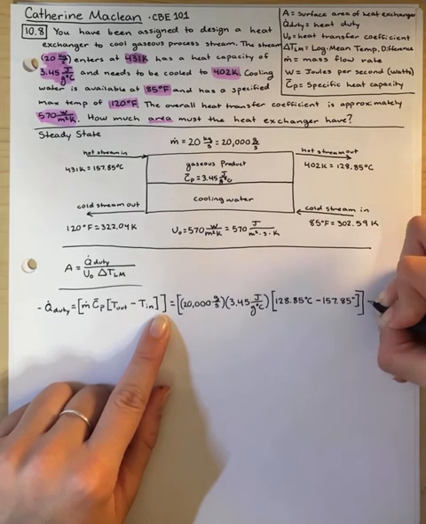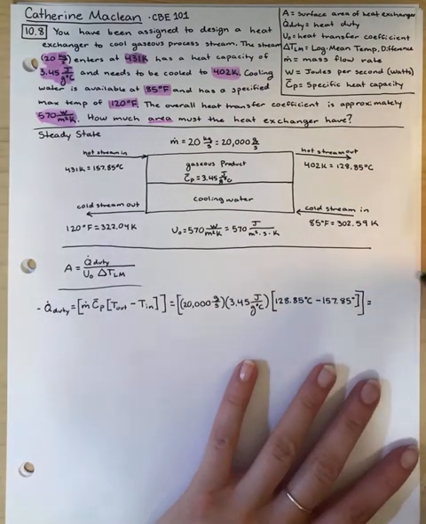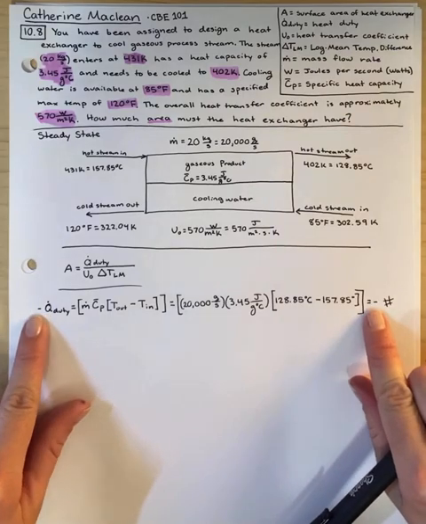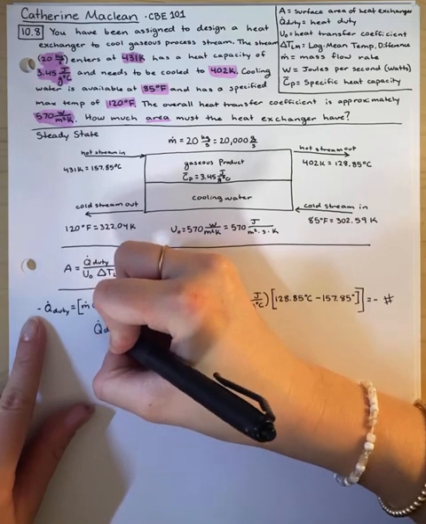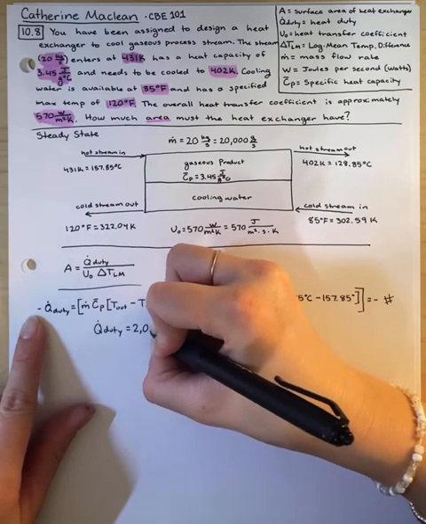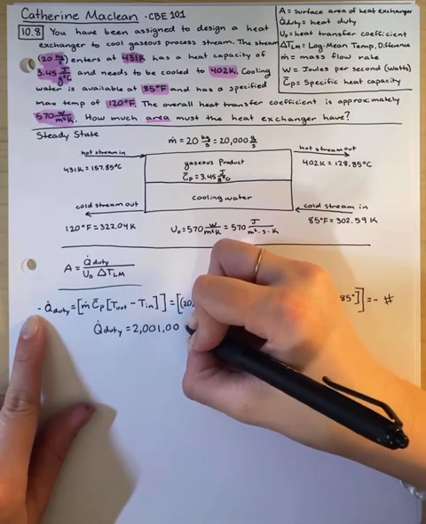Once you calculate all that out, we get a negative heat duty. These negative numbers cancel out. Therefore, our Q duty is equal to 2,000,001,000 joules per second.